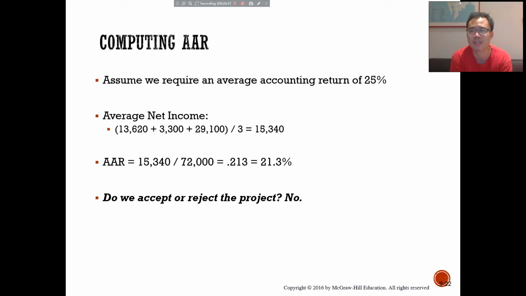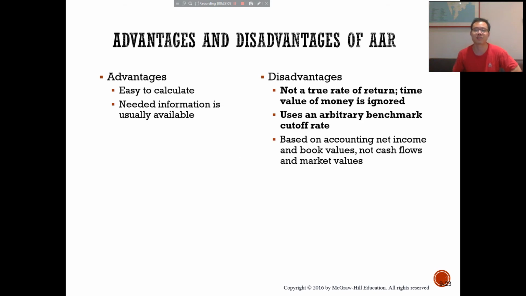Again, how do you decide the risk level for a project that you haven't started? You can't, so you can only guess. You can guess it's 25. You can also guess it's 20. If you guess the market average return is 20, then you should accept this project. And you rejected this project because your preset rate is 25%, and you think the calculated AAR is lower than that. When the preset cutoff rate changes, your decision may change. So the decision is also arguably arbitrary.